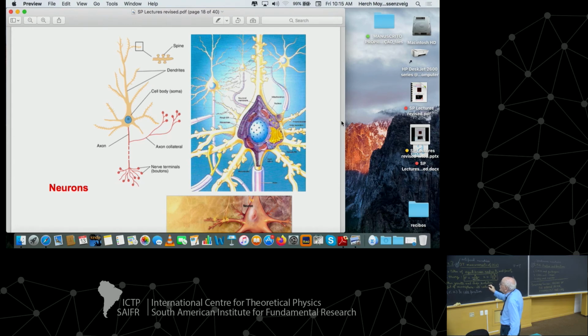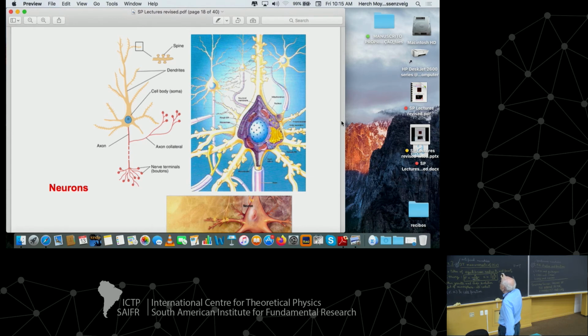And the other thing is that they connect to other nerve cells or to muscle through a very long extension, which is called an axon. And here are nerve terminals, for instance, called boutons.